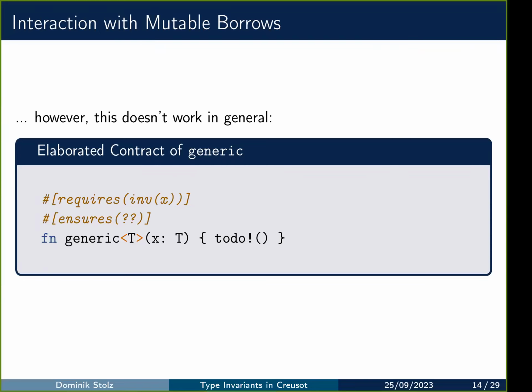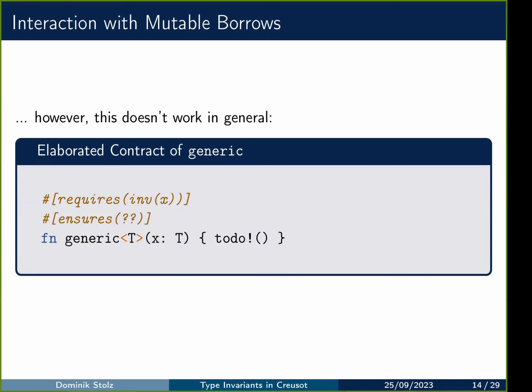And as a reminder, again, there is no distinction between pre and post state in Creusot. So the only way to talk about how a value changes in a function is using the current and final value of mutable references. But here, since x has type t, we cannot generically talk about the final value of x, since this only applies to mutable references.